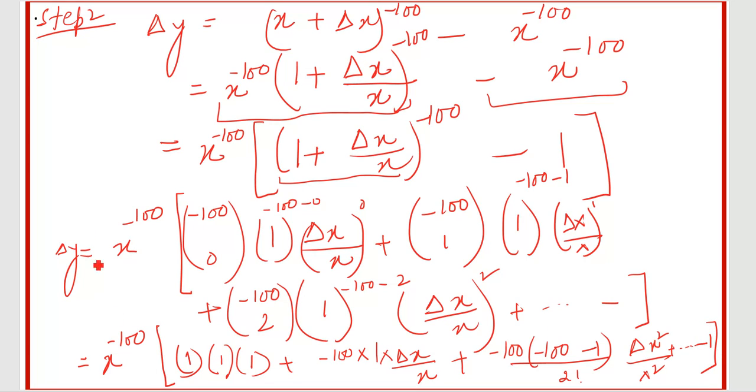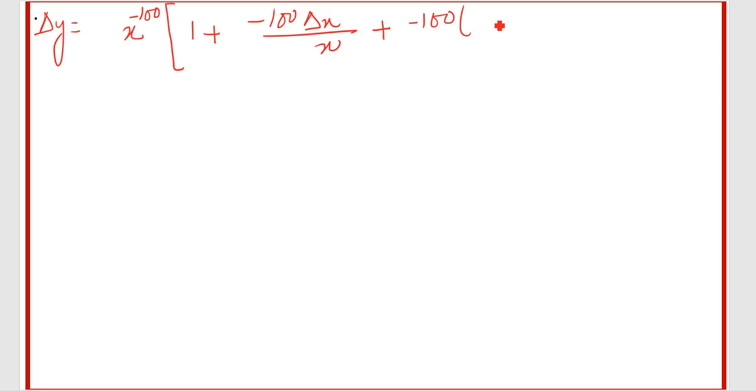Okay, so we will solve it further. Here I will say now we have delta y is equal to x raised to power minus 100, all 1 equal to 1, and then plus minus 100 delta x over x plus minus 100 and minus 100 minus 1, which is equal to minus 101 divided by 2 factorial delta x over x square plus so on minus 1.